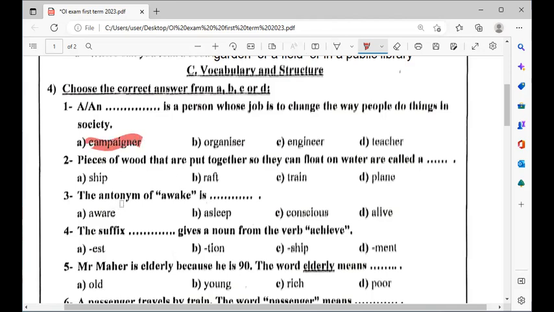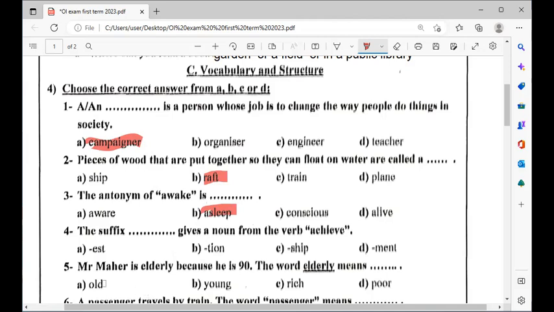Pieces of wood that are put together so they can float on water are called a ship, a raft, a train, or a plane. A raft. The antonym of awake is aware, asleep, conscious, or alive. Awake means wakeful, so its opposite is asleep.